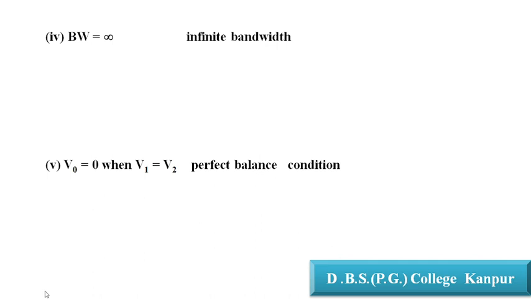Many times there are questions in comparison: what is the bandwidth of an ideal operational amplifier, or of a voltage amplifier? That is infinite. Infinite bandwidth means it works on all frequency signals. The frequency of DC is 0.